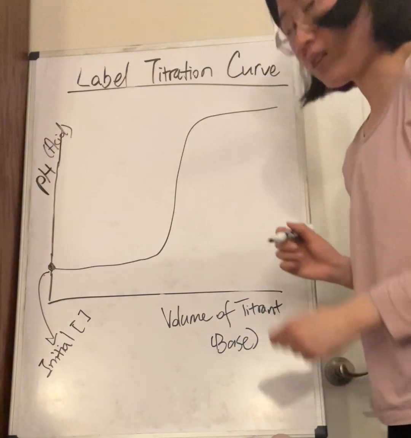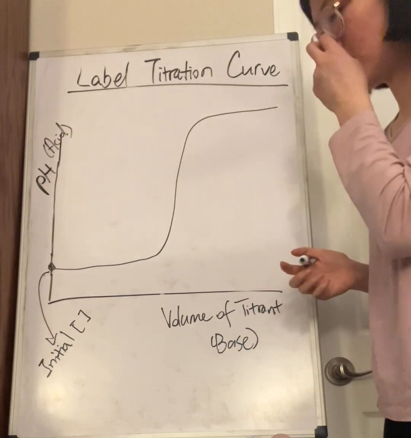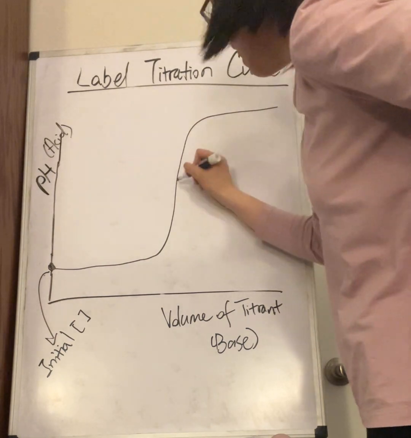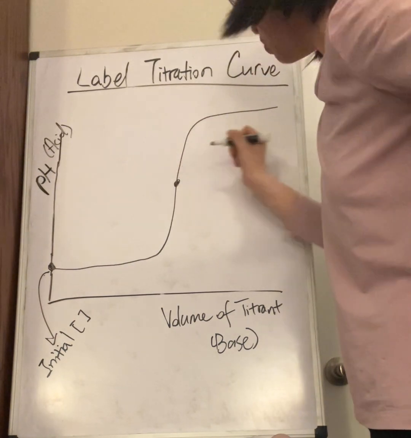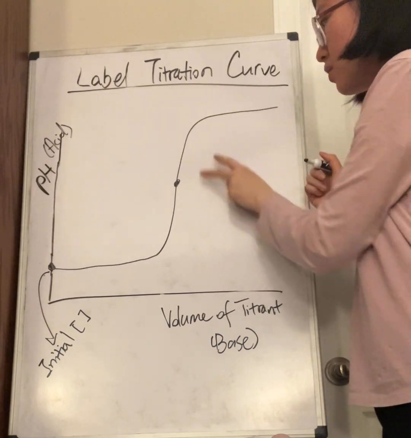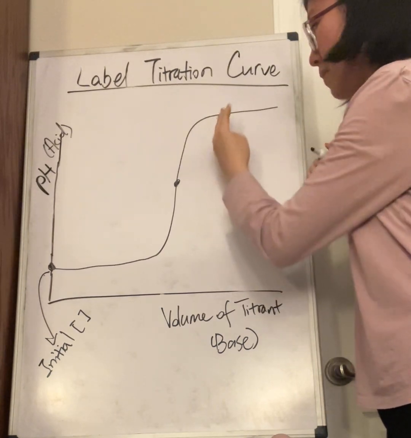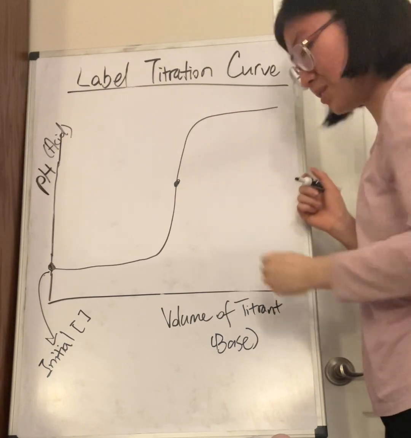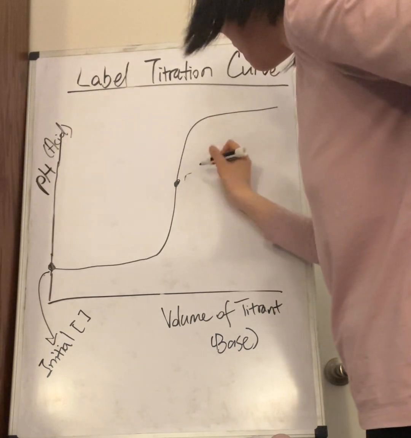And there are another three points that are very important, and the most important among these is the equivalence point, which is about halfway up the hill, like half of the height of the hill, right? So this is going to be the equivalence point.